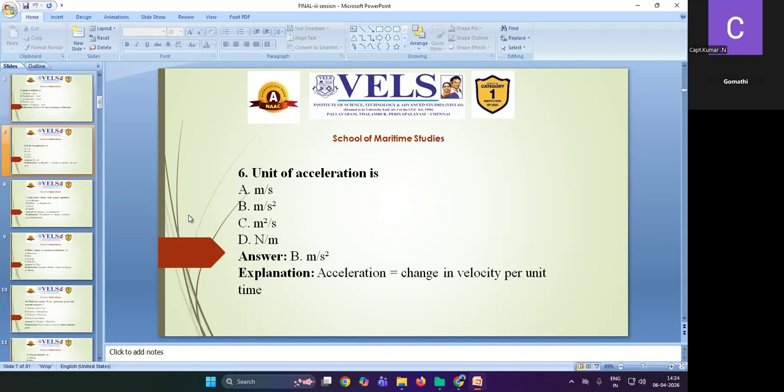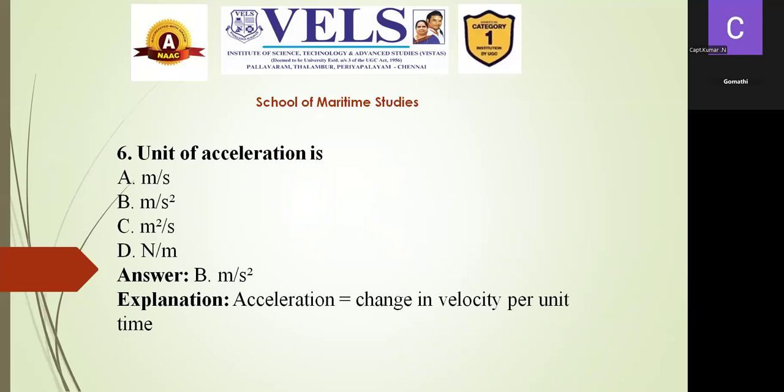Our next question is the unit of acceleration. First, we need to know what acceleration is. Acceleration is defined as the rate of change of velocity. Velocity is the rate of change of displacement.